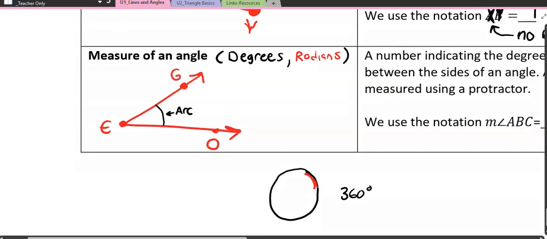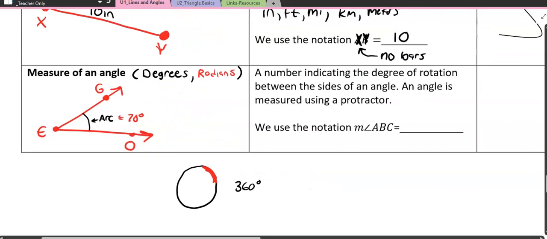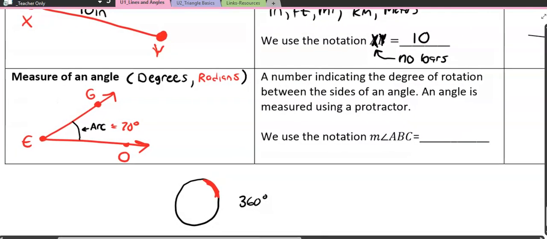That angle measurement is going to be our degree measure. Let's pretend that this arc here is going to equal 70 degrees. That's approximately this much of a circle, because 90 degrees is a quarter of a circle. So officially, it's a number indicating the degree of rotation between the sides of an angle.